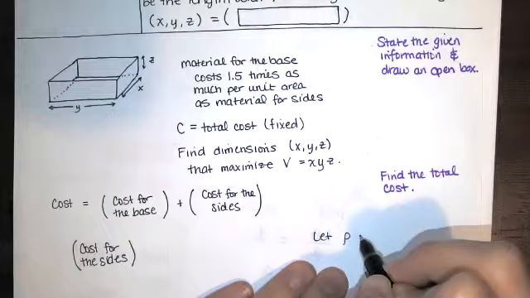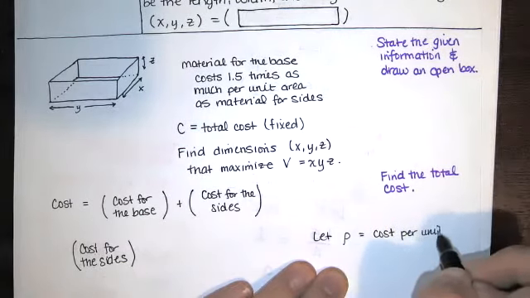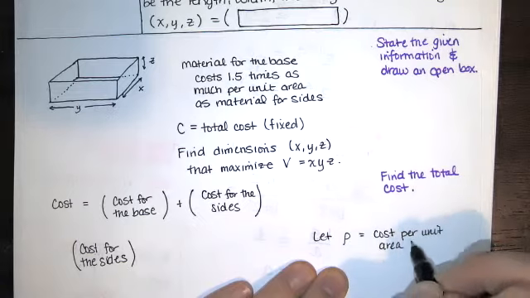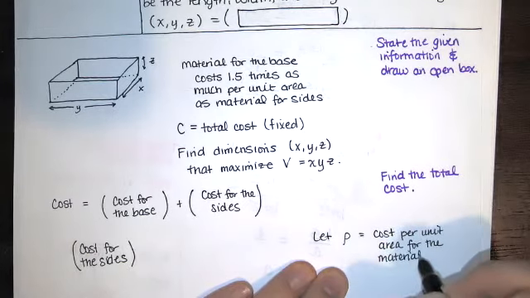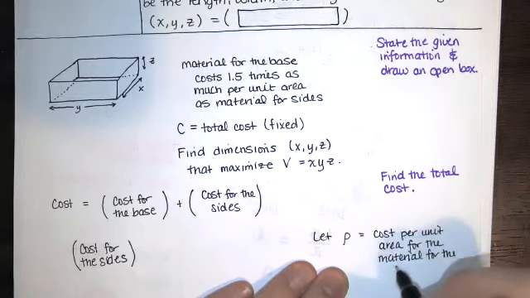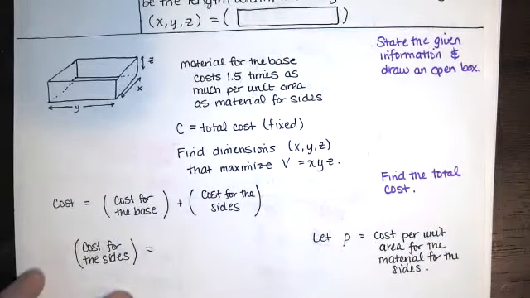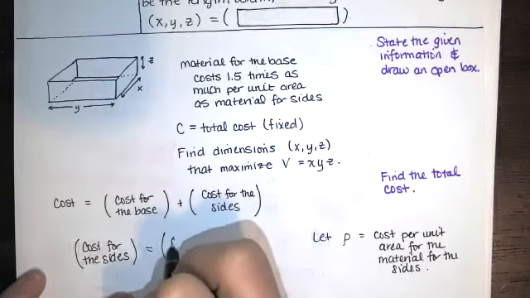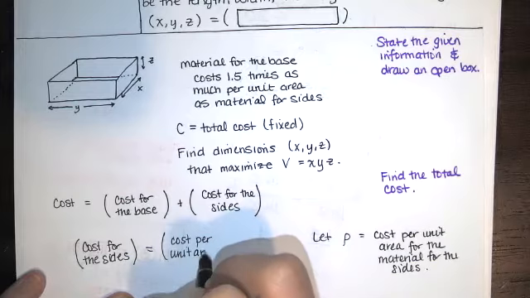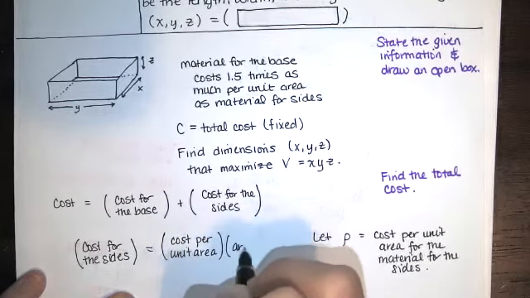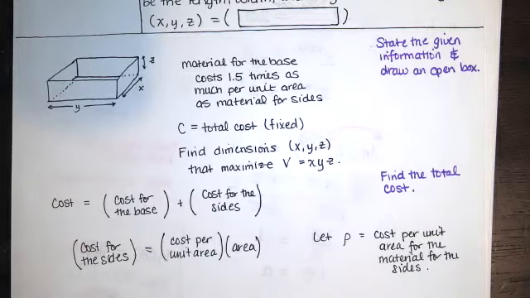So I'm going to let rho equal the cost per unit area for the material for the sides of that box. Well, then the cost for the sides is going to be the cost per unit area times area for each of these sides. Then we're going to add them all together.